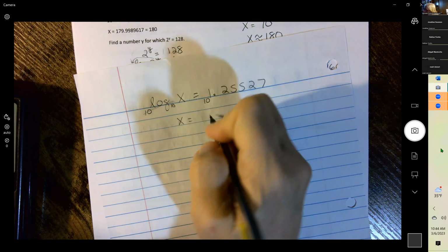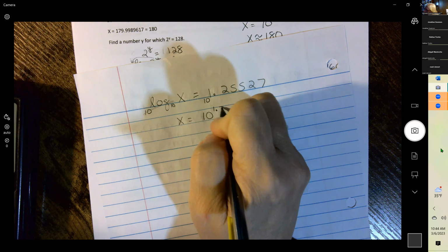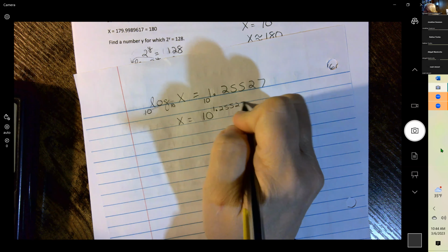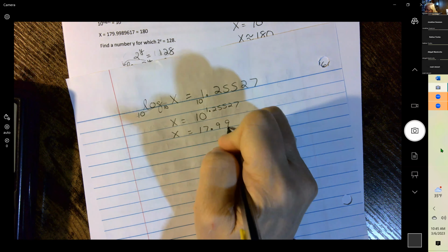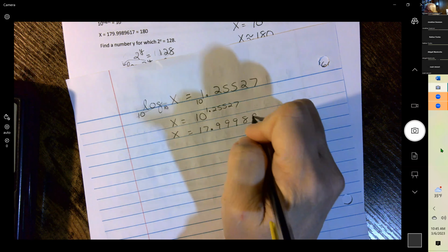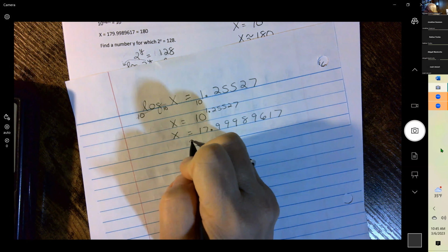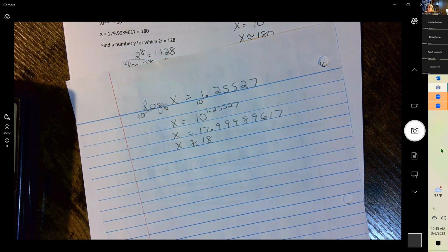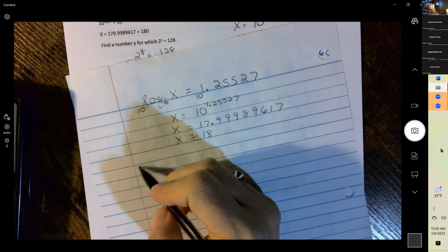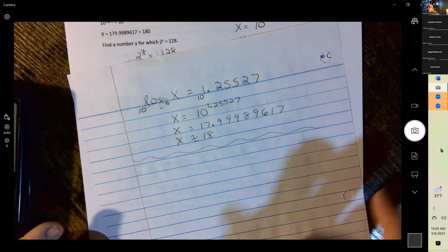X equals 10 to the 1.25527, which is 17.999899617. Any questions on that?